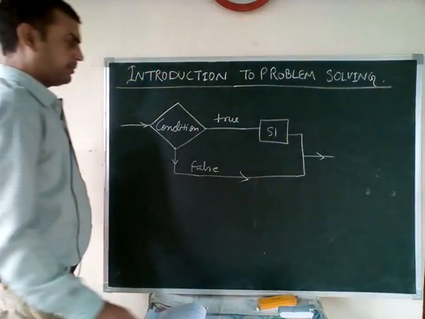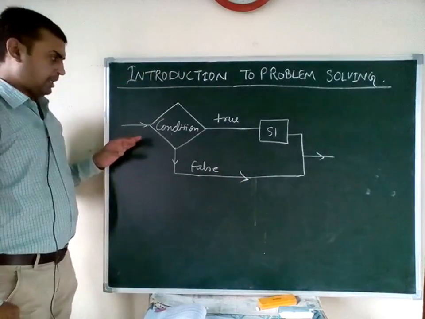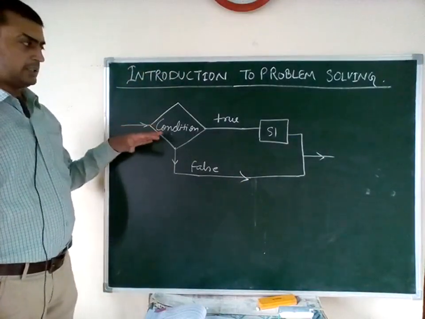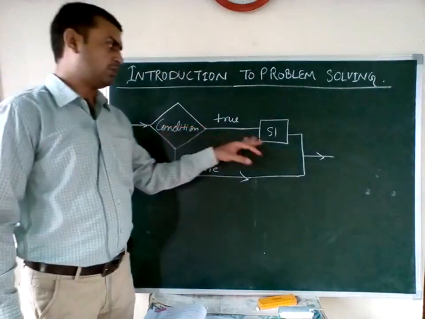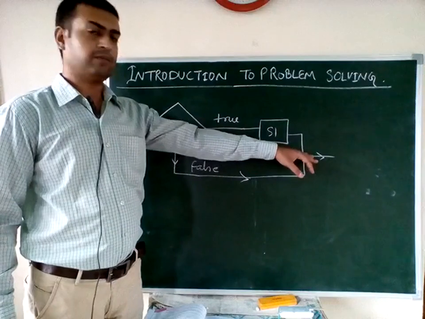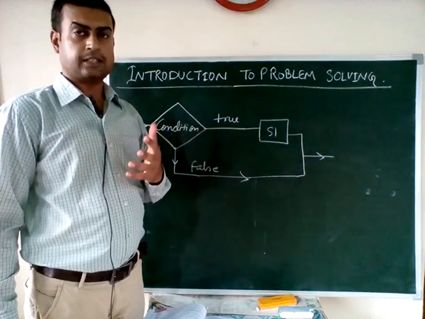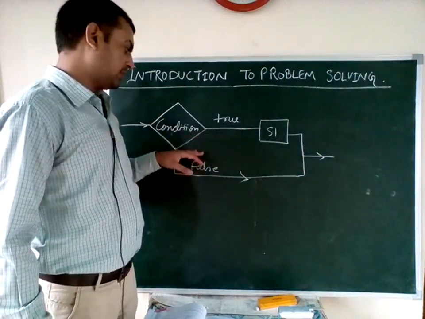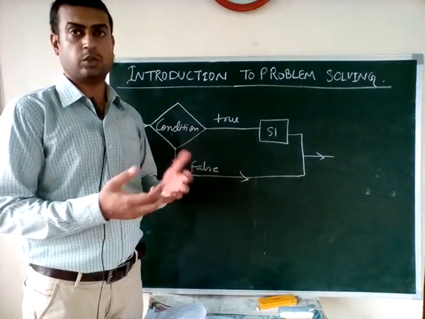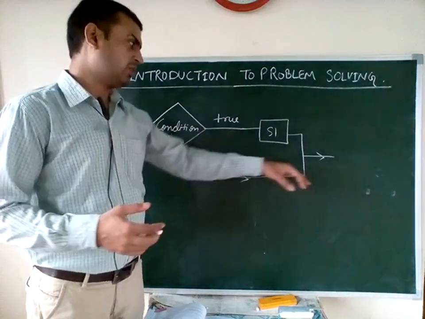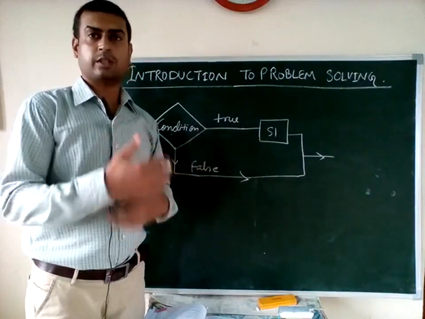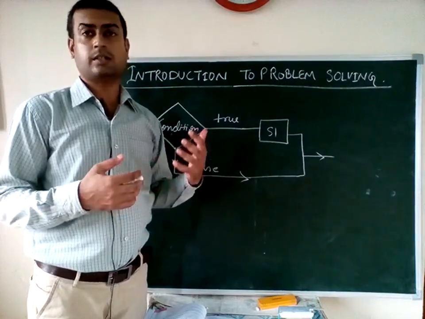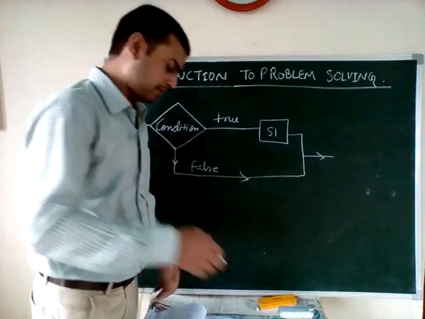So this is very simple, that is how we are thinking. We have given one condition that may be true or false. If it is true, you will get the answer and your program will be out. Second condition, if your condition is giving false, means no output will be there, then also it will go out of the program. So this is the basic flow representation of the problem that we are having.